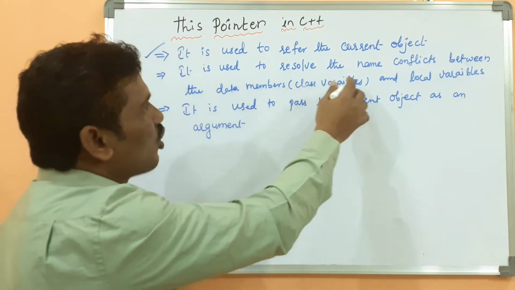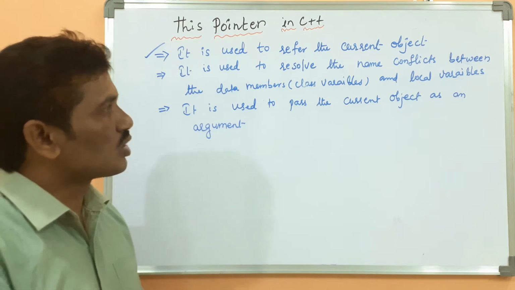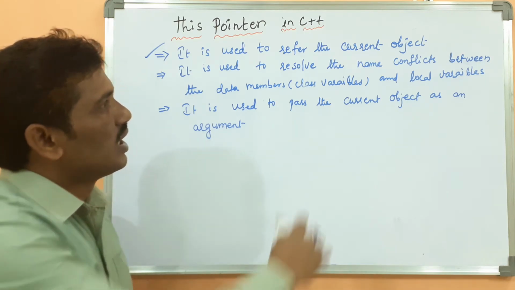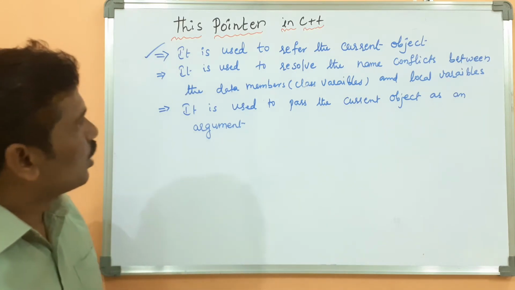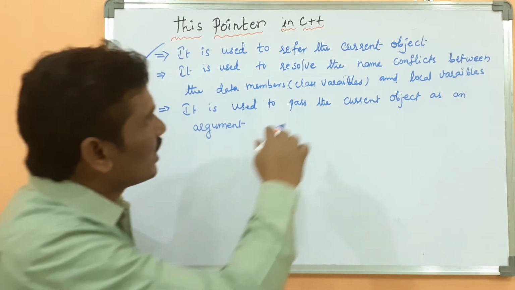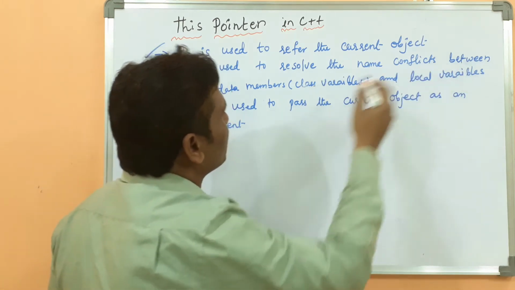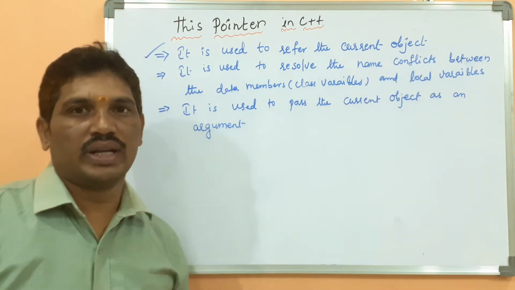It is used to resolve the name conflicts between the data members, which are also called class variables, and local variables.